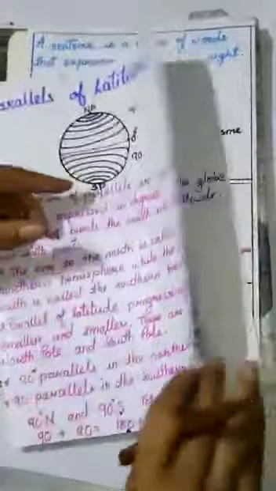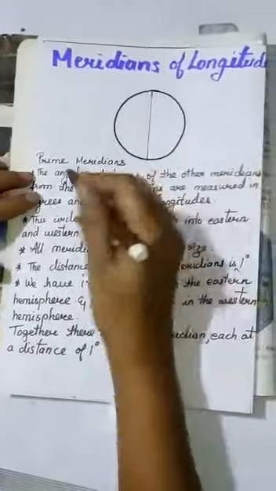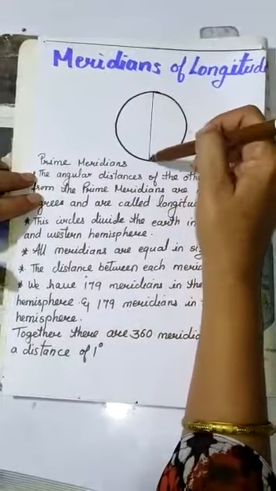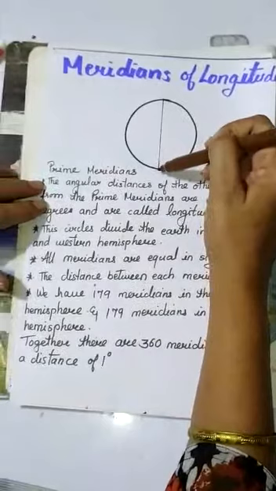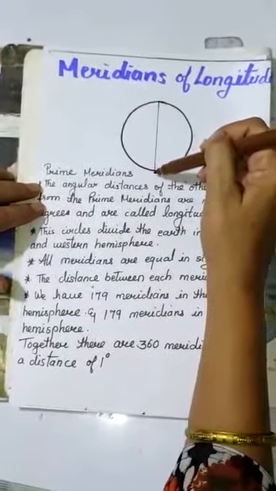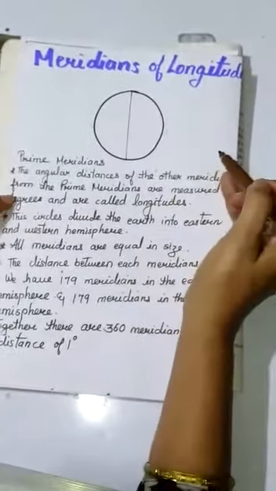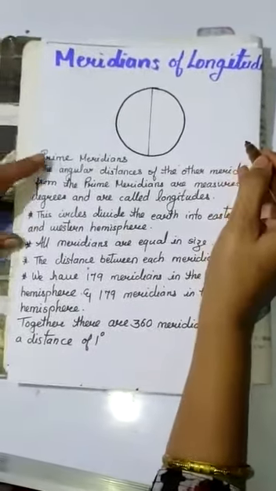Now let's see about the meridians of longitude. Okay, prime meridian. This line from the north pole to the south pole, a straight line. Here also the earth is divided into two parts. This is called prime meridian. The angular distance of the meridians are measured in degrees and are called longitudes.